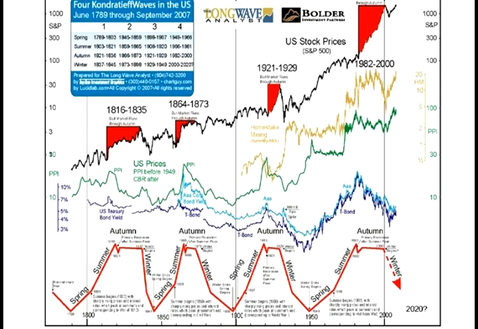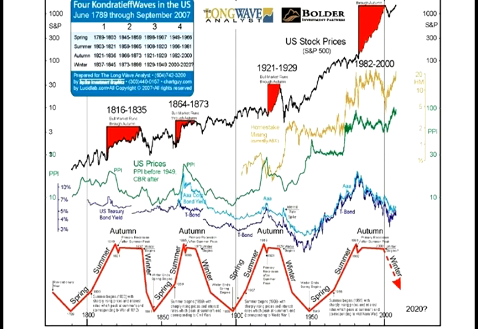Now that's the Kondratyov cycle with detailed data about dates and the extent of the moves. And I will have more to say on that on Sunday, the last lecture. But in the meantime, you might want to take a look at this.